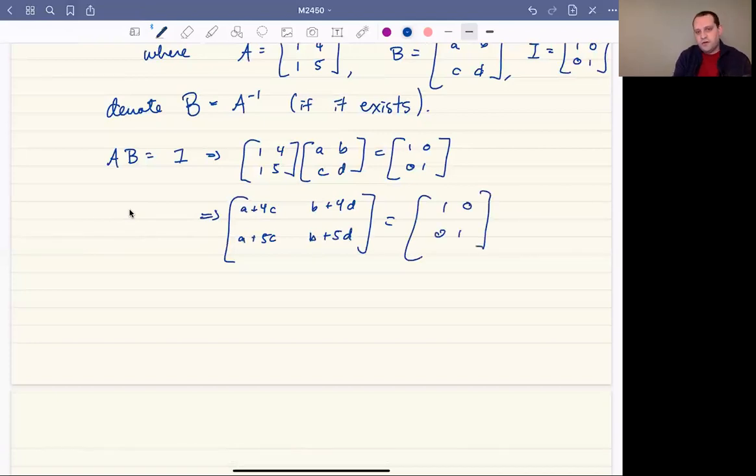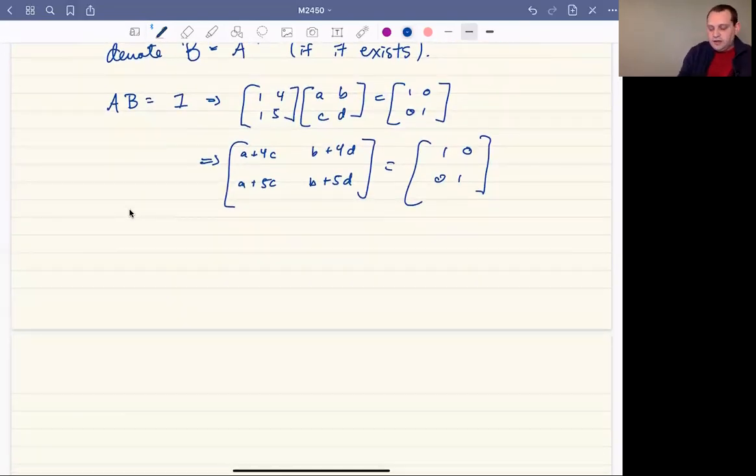And then we have 4 equations, 4 unknowns. You could think about it as 2 equations, 2 unknowns twice, because when you write down what equations you have, they separate.